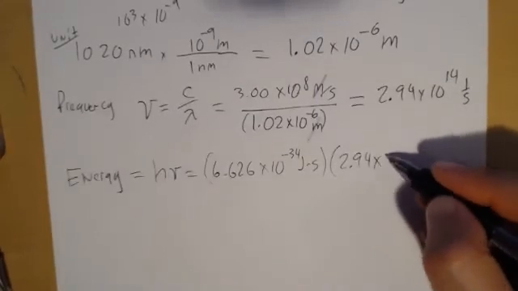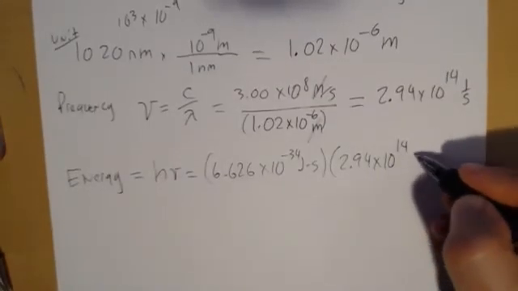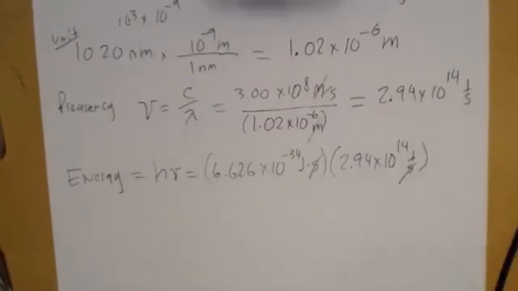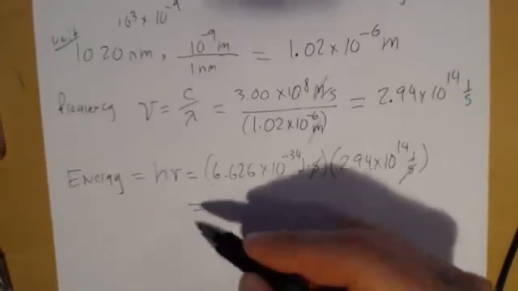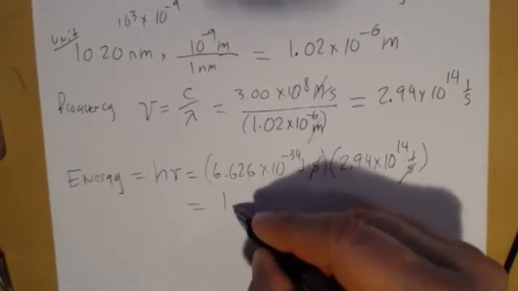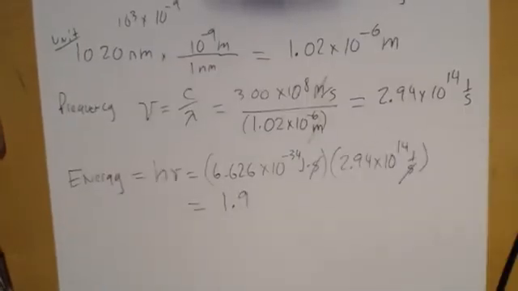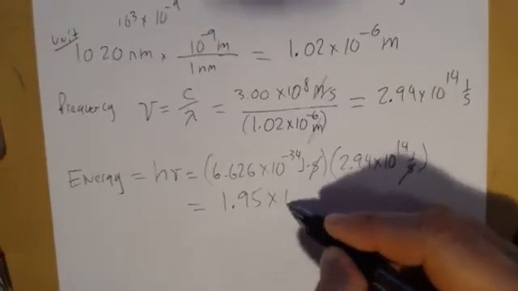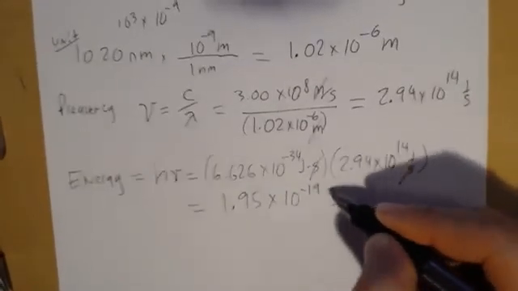And so again, seconds will cancel with per seconds, and I'll get joules. So I'm just going to take that answer times 6.626 times 10 to the minus 34, and I'm going to get, to 3 sig figs, 1.95 times 10 to the minus 19 joules.